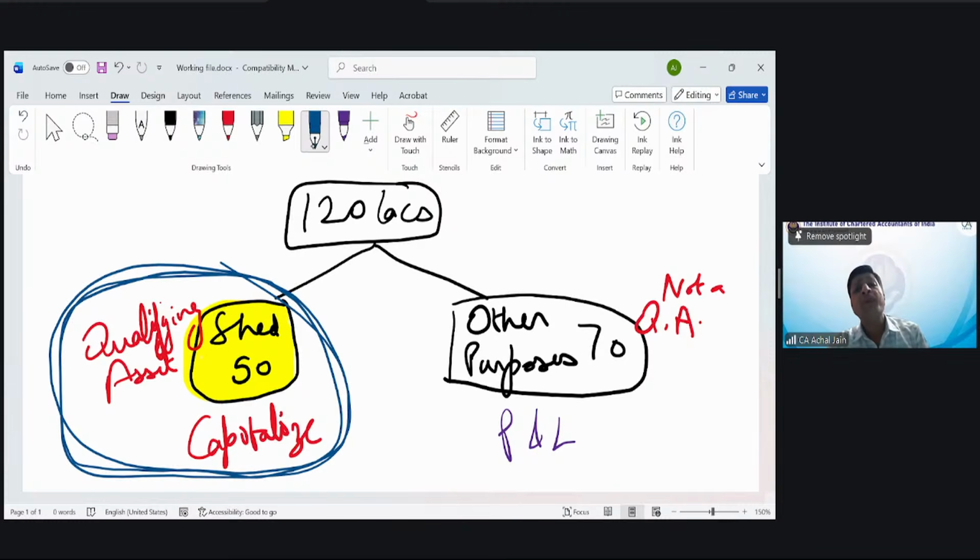The only problem that we have in the question is that we do not have the interest amount computed separately for this 50 lakhs and 70 lakhs. The question has given us a single amount of 18 lakhs on this entire loan amount.